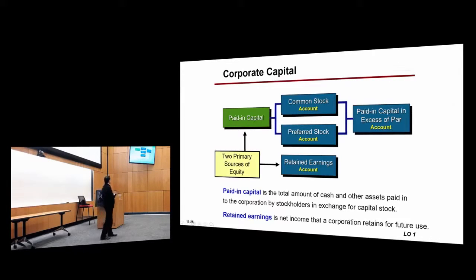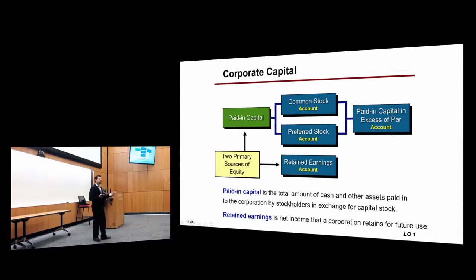On the other hand, we also have retained earnings. This is the other source of equity. And remember, retained earnings is what? It's the part of net income that the company decides to leave in the business, to retain in the business.